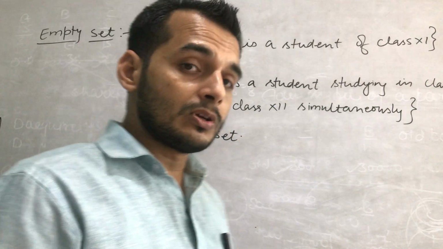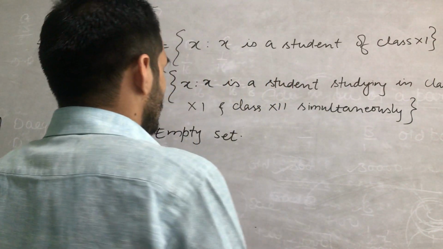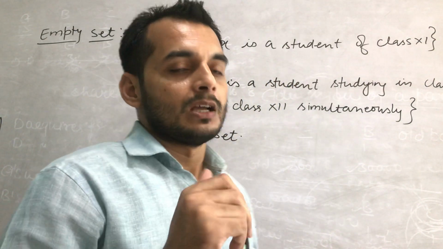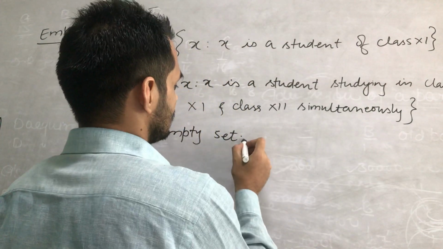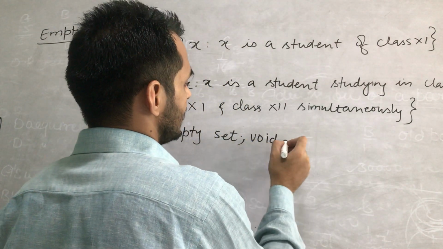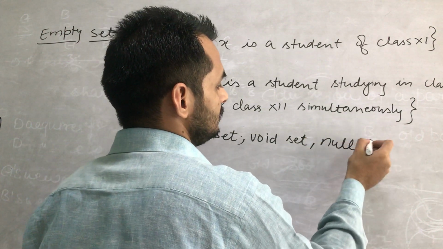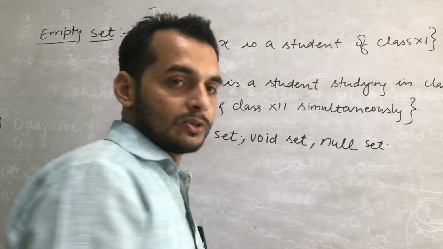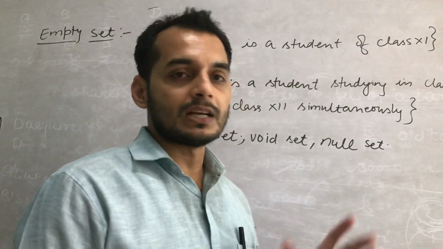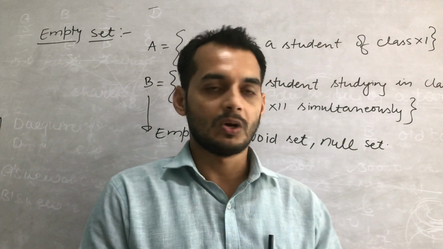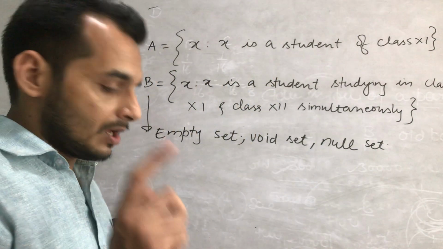Now, how to represent an empty set? Before that, the other names of the empty set are void set or null set. So whether you say empty set, void set or null set, the meaning is the same. Now, how do you represent an empty set?